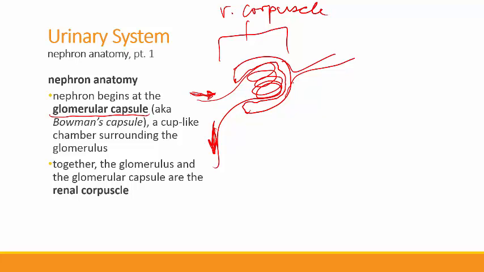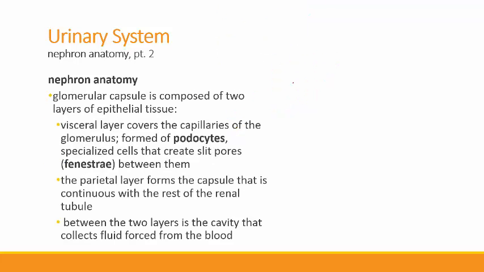And the renal corpuscle then is the business end of the nephron, the place where much of the fluid that is in the blood is going to be squeezed out of the capillaries of the glomerulus.